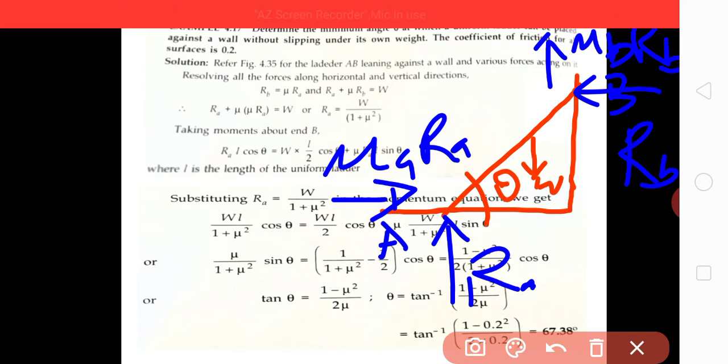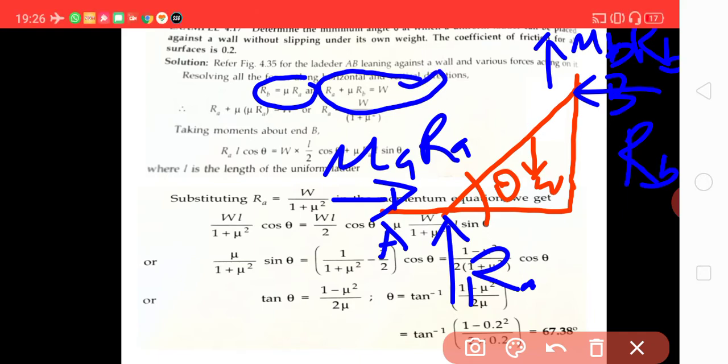This is your equation number one. Now the second one is RA plus mu B RB equal to W. This is your second equation.